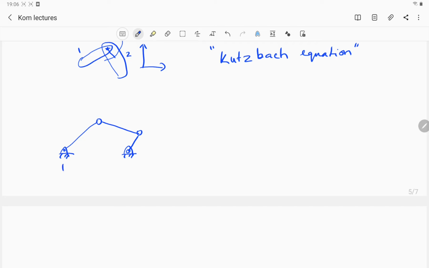So this is the fixed link is link 1, this is link 2, this is link 3, and this is link 4. So for this case, n is equal to 4. And what about j? So here it's 1, 2, 3 and 4. Okay, so j is also equal to 4.